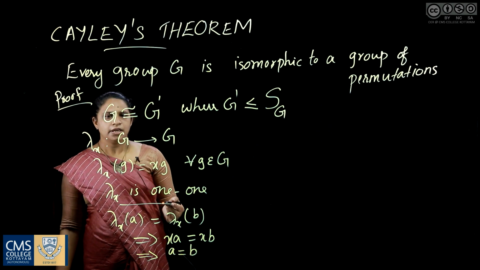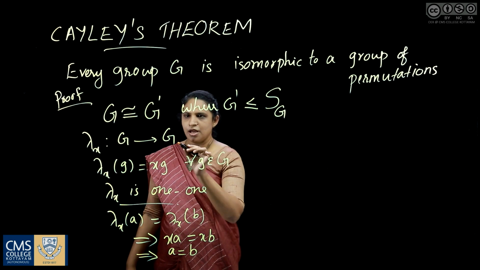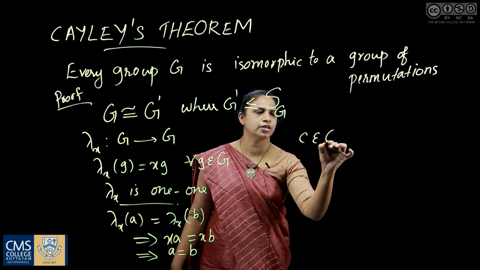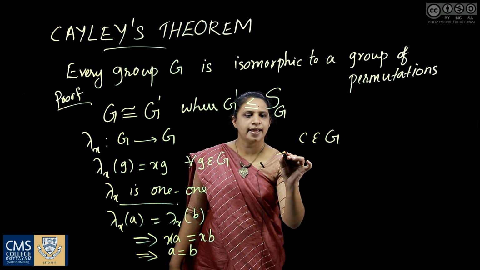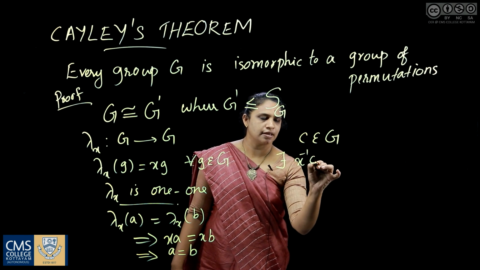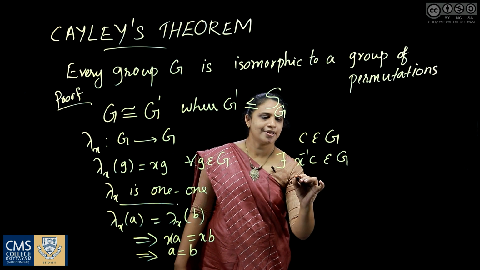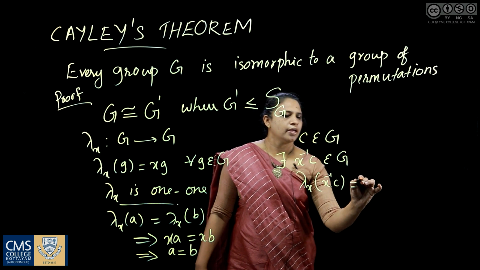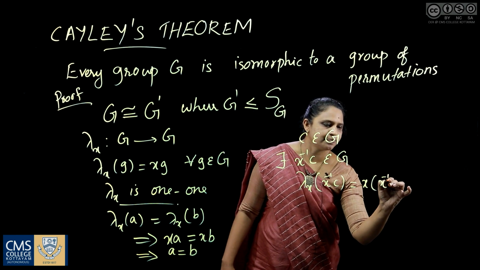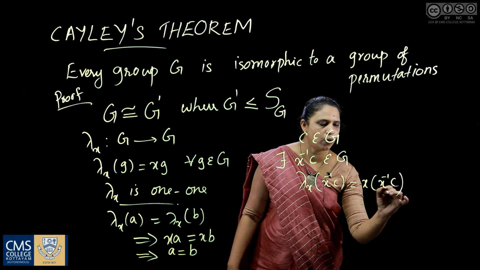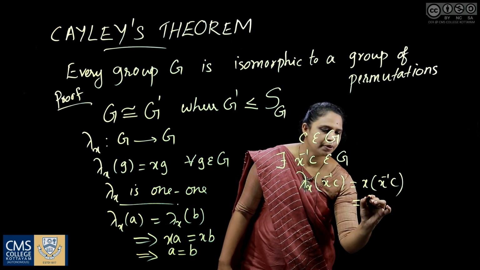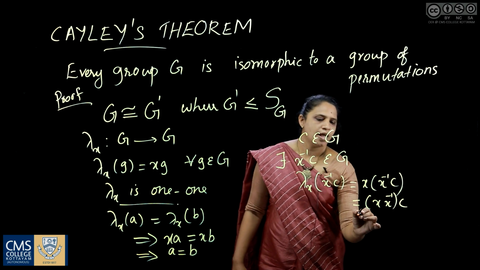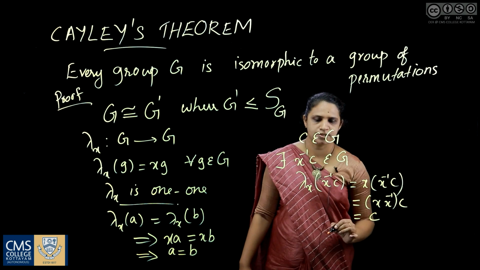And if we take any element c belonging to the group G, there exists x⁻¹c belonging to G such that λ_x(x⁻¹c) = x·x⁻¹c. Since x⁻¹c is an element of the group G, this implies (x·x⁻¹)c by the associative property of the group, and this is equal to c.